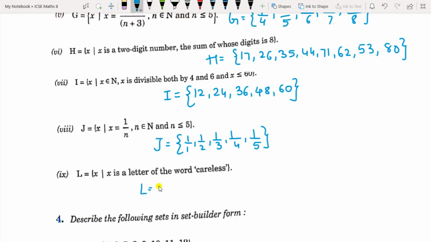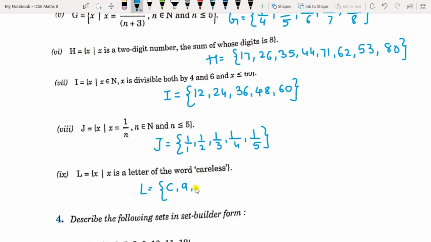Then L. X such that x is a letter of the word careless. Now if the word is given and you have to write the elements for it, you should not repeat those alphabets. That becomes your element, okay. So C, only one time you have to write. If a letter is repeating, you have to write it one time only.